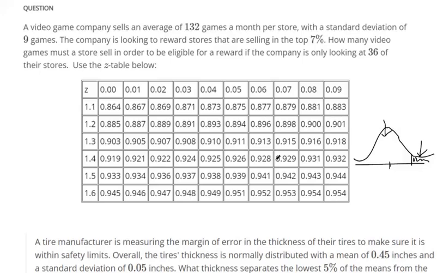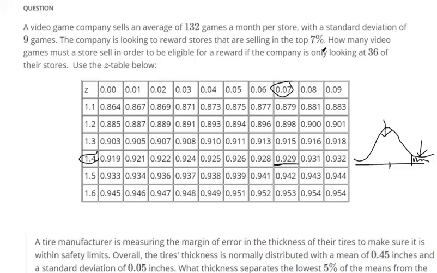And if you look through the sea of z-scores, 1.47 is about the correct z-score because I just did a little battleship. Probably 1.475, because look, that's 0.929. That's pretty close to the 0.93 that we need.